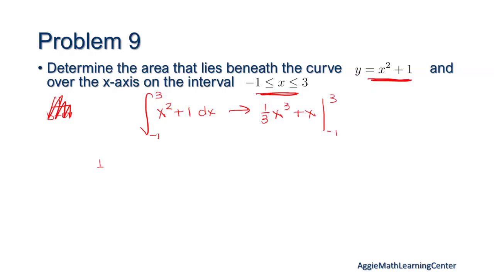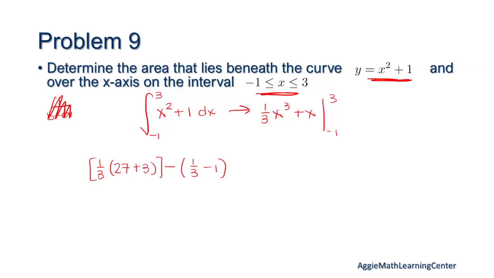So this is 1/3 times 3 to the 3, which is 27, and then plus 3. And then minus, -1 to the 3 is minus 1/3 minus 1.